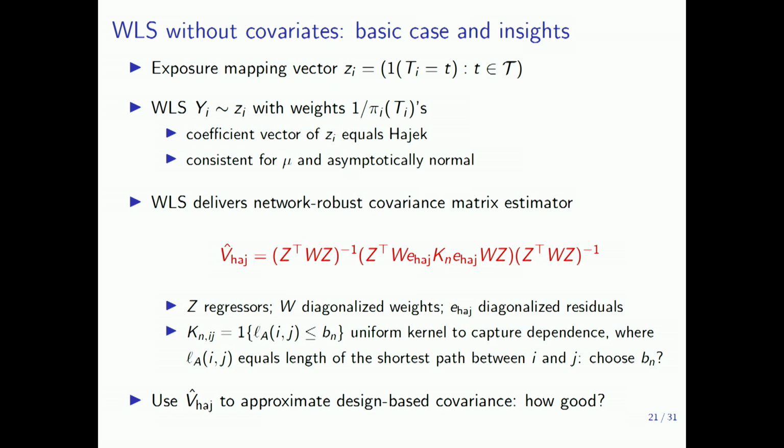We don't have a very good answer from the theoretical perspective. That's why we recommend varying Bn to see how sensitive this is. But I think the key message you want to convey is to use this regression-based covariance matrix, but be careful with the correlation structure. I don't think we have a very good answer to this question.